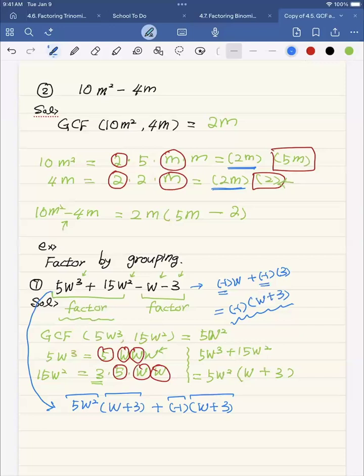Then we just group like that, and then we realize that W plus 3 is the common factor. So we take that out, W plus 3, then open parenthesis, 5W squared minus 1. That's the factoring by grouping.